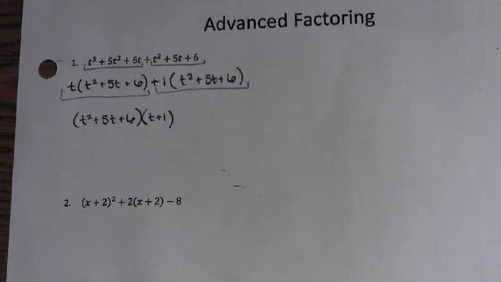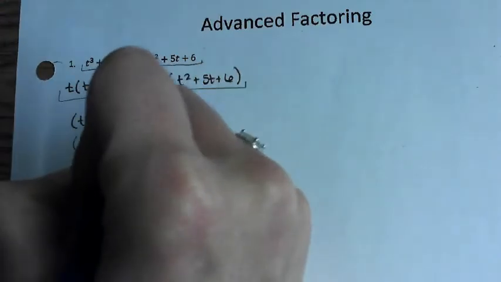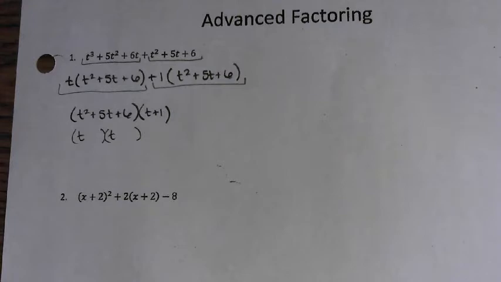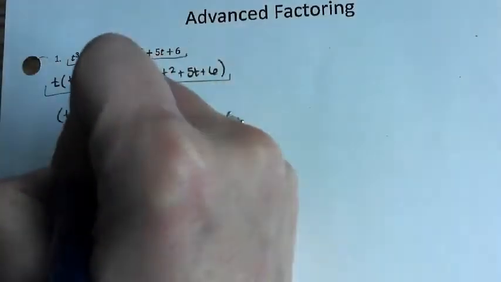Maybe. Maybe not. Which one of those might be factorable further? The trinomial. So I'll try it. T and T. And 6, I can do 1 and 6 or 2 and 3. Which one will make 5? Given that they both have to be positives particularly. 3 and 2.